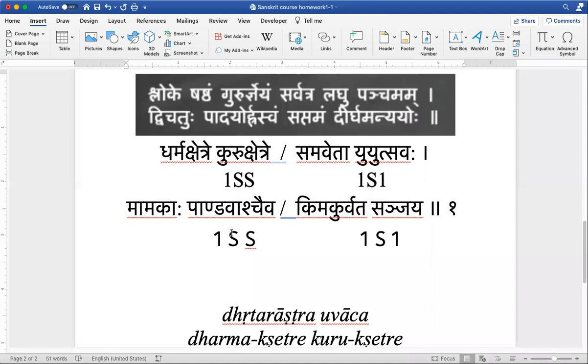Now, the first verse of the Bhagavad Gita, we can count here: 1, 2, 3, up to 16, and 16 into 2 lines is 32 syllables.